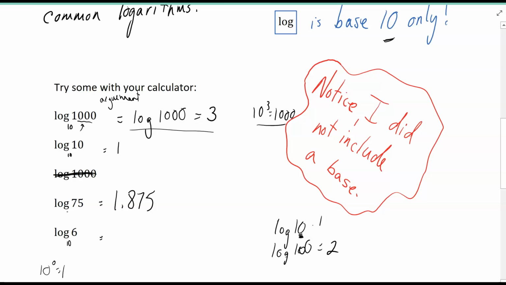So log 6 is 0.778155125. We'll stop it at 3 decimal places for now. So those are common logarithms, found by using the log button on your calculator, which is programmed for base 10.